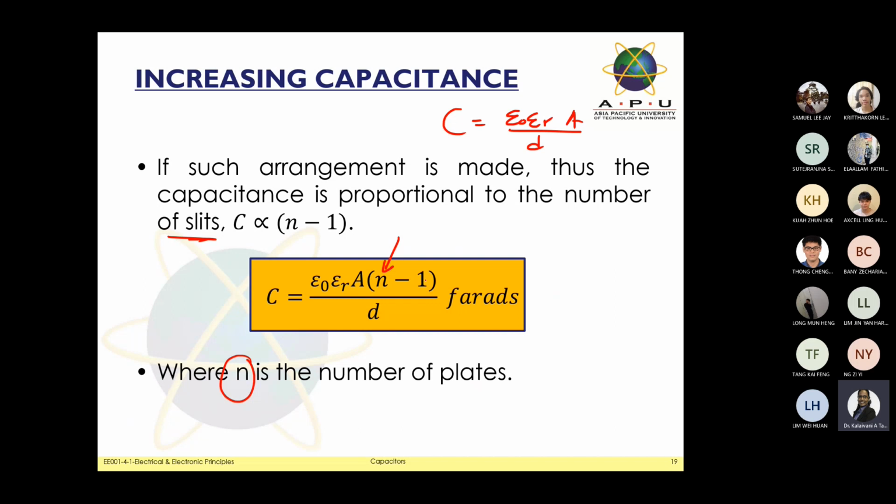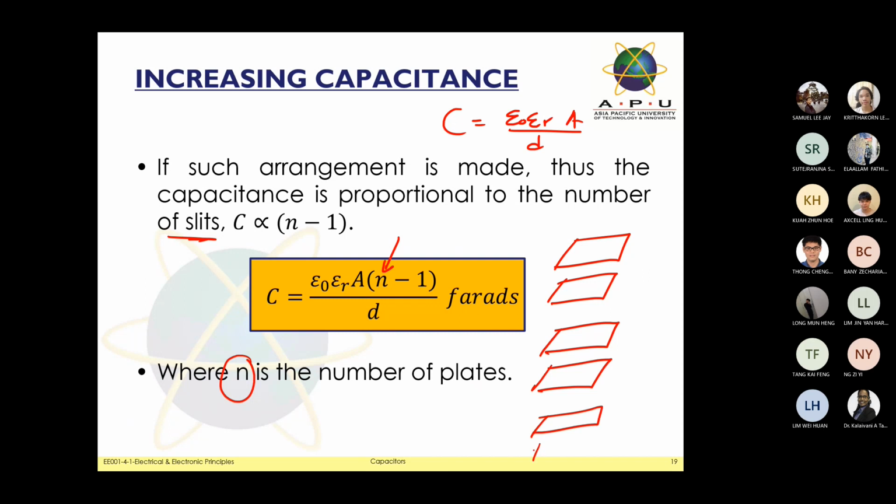Why do they implement this formula? Because first they take note of the number of plates, then they take away 1. For example, you have 1, 2... Even though you have many plates here, we always care about the spaces between the plates.